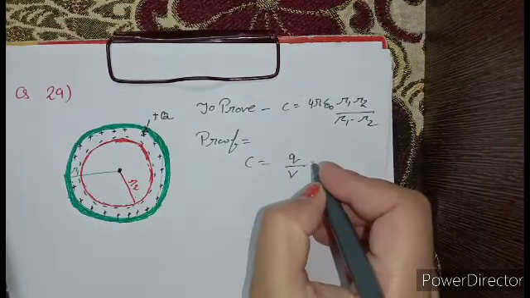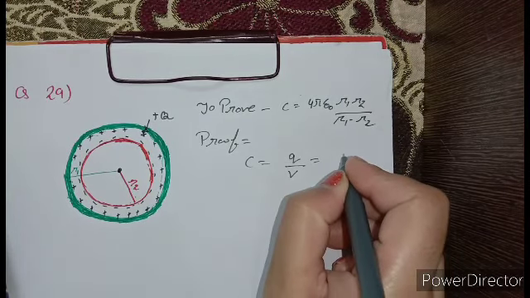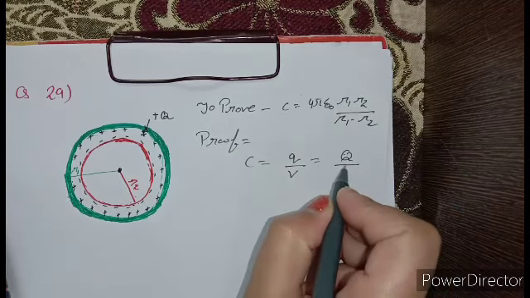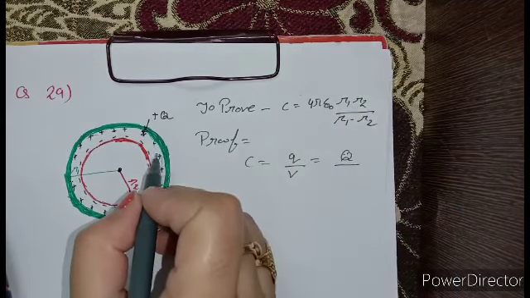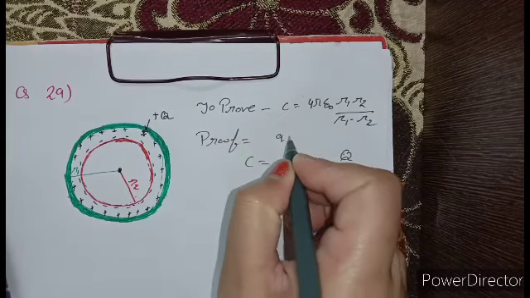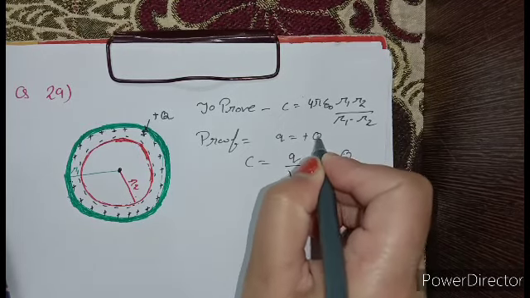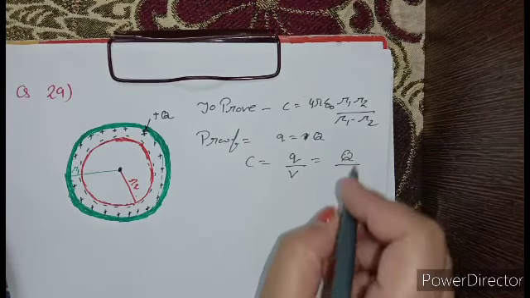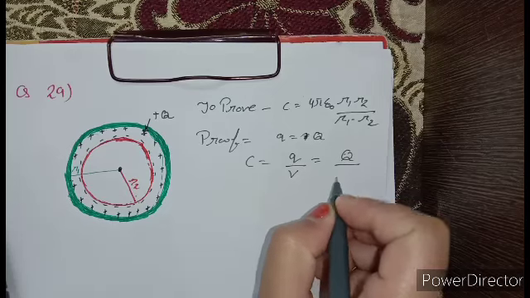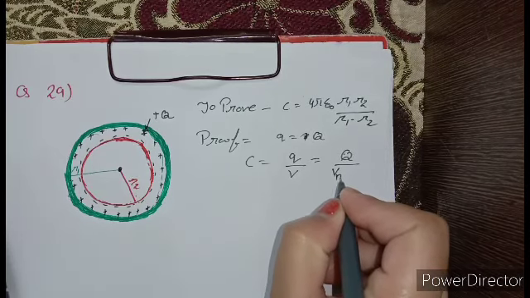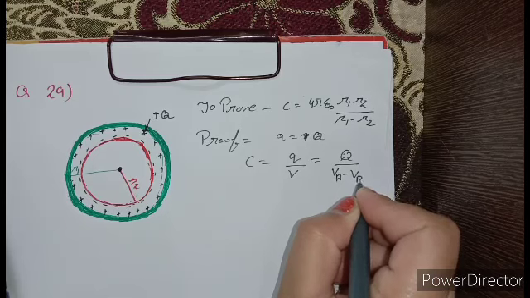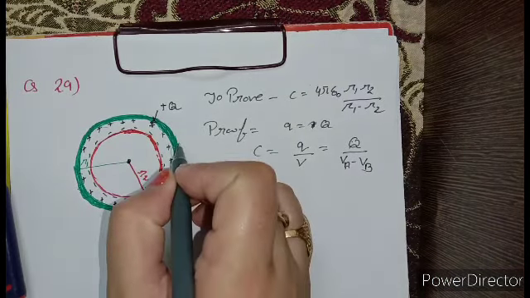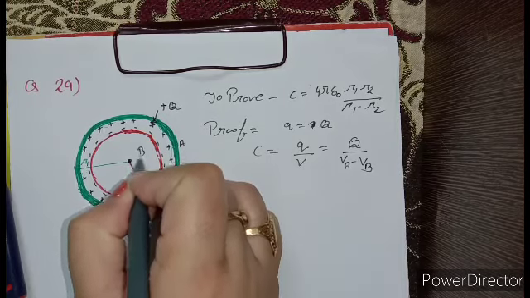Here small q equal to capital Q, so this will be equal to Q upon VA minus VB. Suppose this is the A sphere and this is the B sphere.